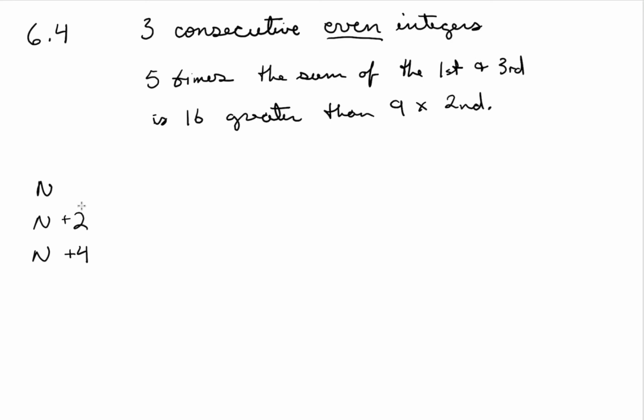So that would be like if we had 2, plus 2 would be 4, plus 4 would be 6. So 2, 4, 6. Those may or may not be our numbers. I am just giving an illustration of why we use plus 2 and plus 4 instead of plus 1 and plus 2. It's because they're consecutive even.